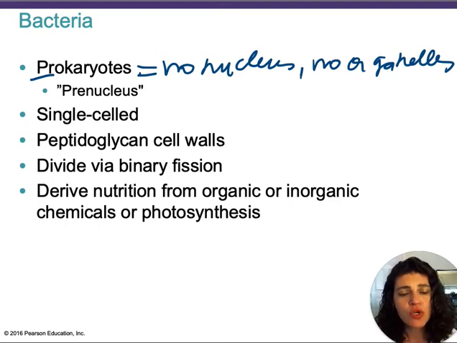When we talk about bacteria, we know their cell wall is made of peptidoglycan, which is a type of sugar, and we are going to talk about it in the next chapters. They divide by binary fission, which is very similar to mitosis, except that here we don't have a nucleus, so you call it binary fission. One mother cell makes two daughter cells that are exactly the same size.